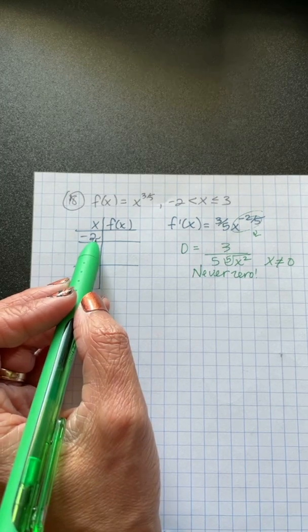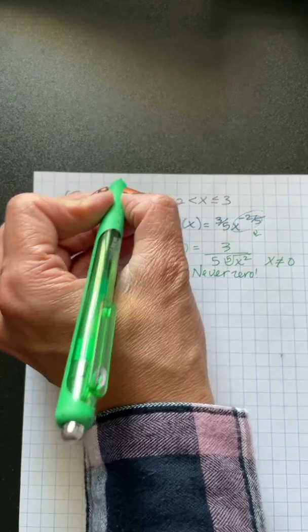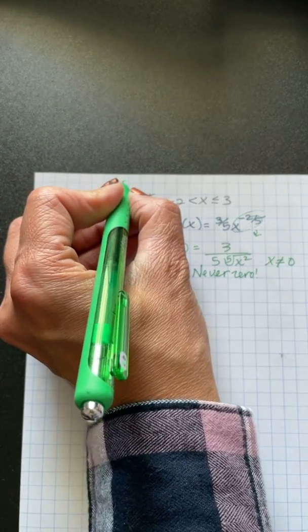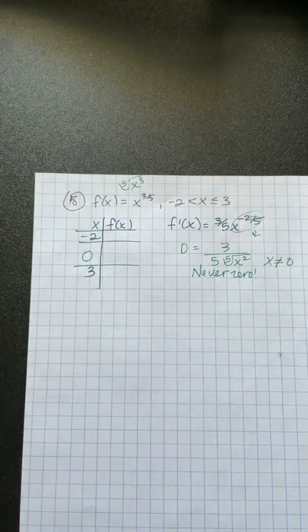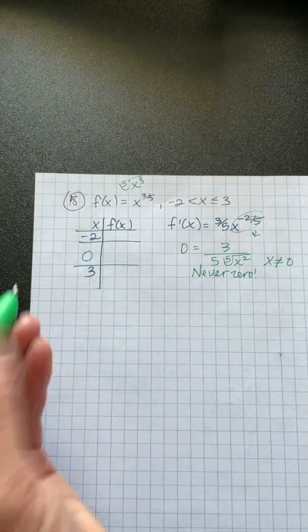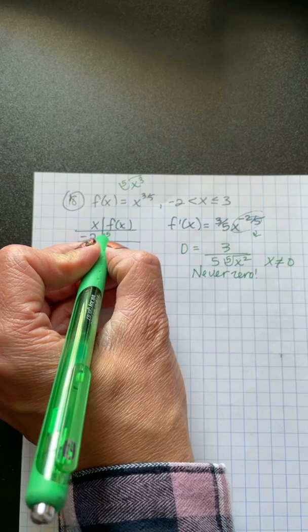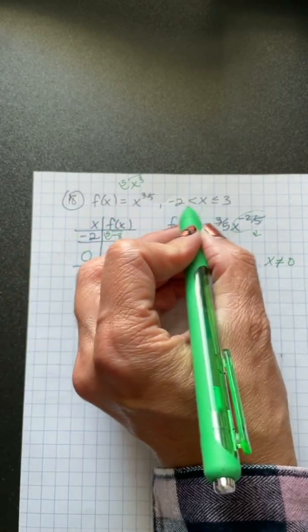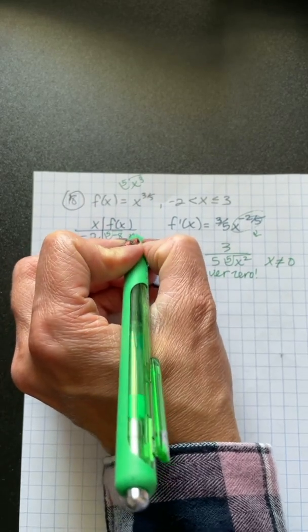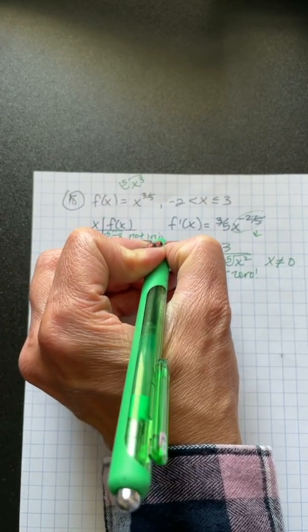Now, if I plug in a -2 for x, and like I said, this is the 5th root of x cubed. -2 cubed, the 5th root of -2 cubed, or in other words, the 5th root of -8, it doesn't even matter what that is because it's not included in the interval. So not in interval.